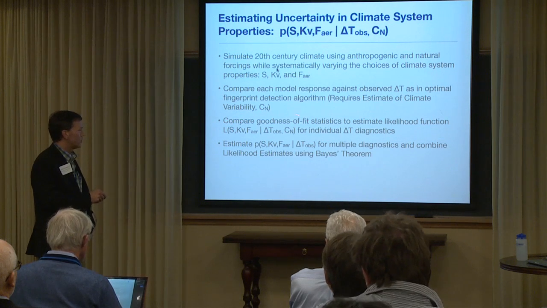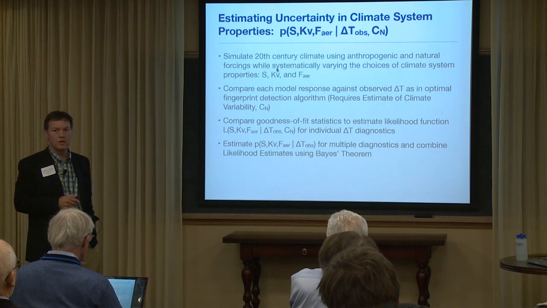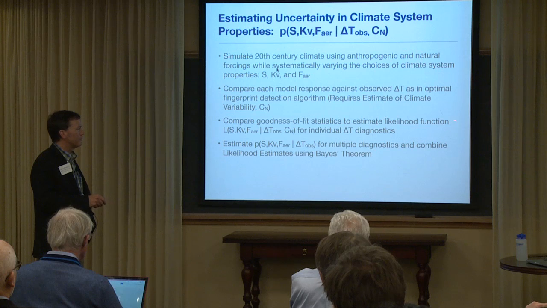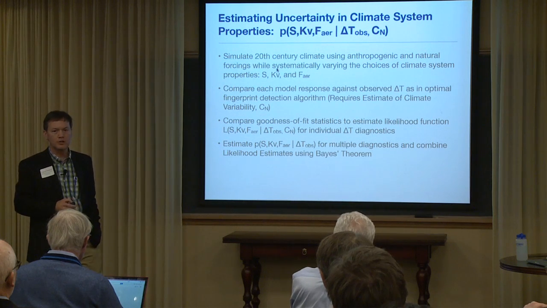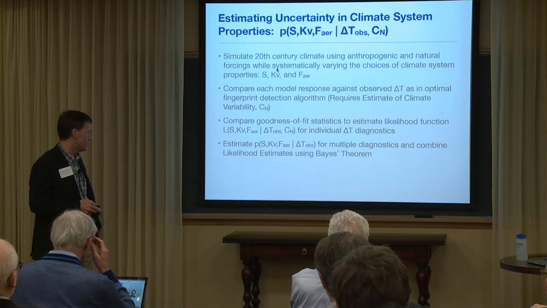Then you take that goodness of fit statistic, how well is your model able to reproduce the historical record, and create a likelihood function, and that likelihood function is estimated for the different diagnostics that you're using, the surface temperature, ocean temperature, upper air temperature, and so on and so forth.